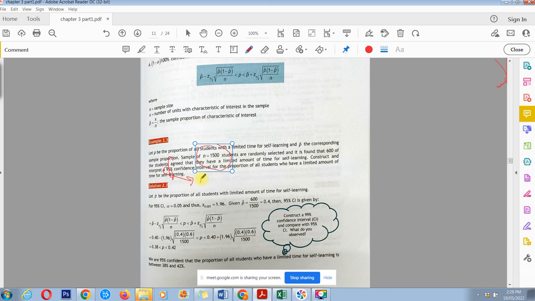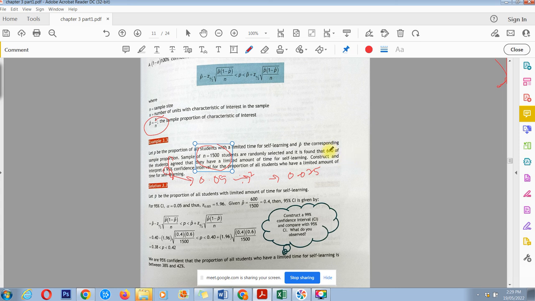So we need to define first alpha 0.05 confidence interval area, and then we divide by 2. What will we get? We will get 0.025. But actually you can just easily grab it from the table in front of this chapter. And then for proportion, you need to use this formula, X over n.